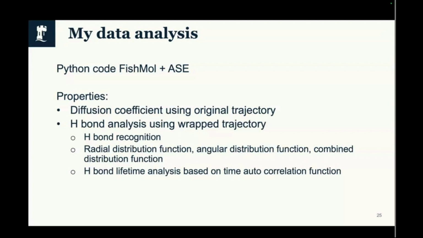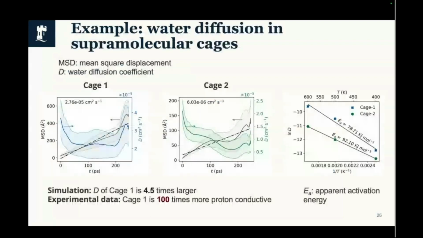So we recognized hydrogen bonds, calculated the radial distribution function and angular distribution function, and also plotted out the combined distribution function. You will find out how this is useful to find out the behavior of hydrogen bonding. And we also calculated hydrogen bond lifetime based on a time autocorrelation function.